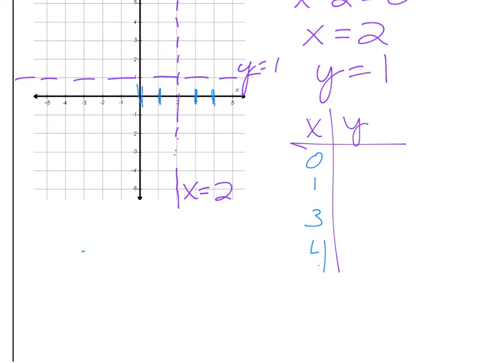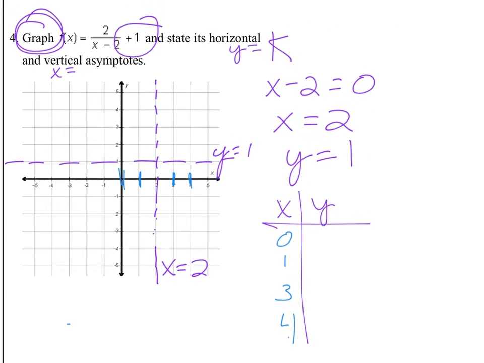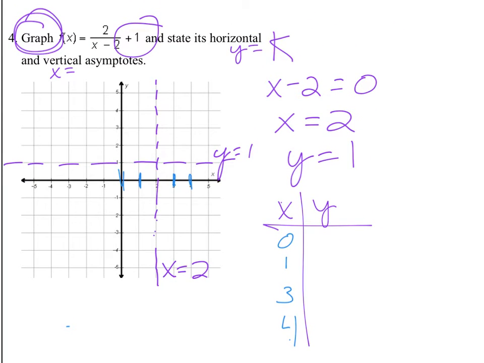So if x is 0, whoops, I have to go back up and look at the equation. If x is 0, I get 2 over negative 2 plus 1. Well, that's negative 1 plus 1, which is 0. Okay, so 0, I'm going to erase my funny little tick mark there. At least I'm going to try.